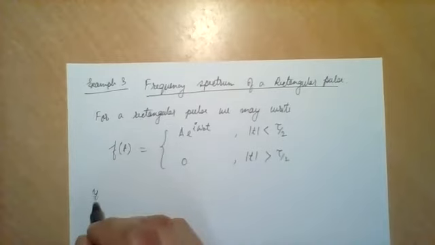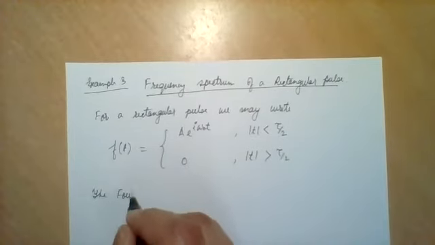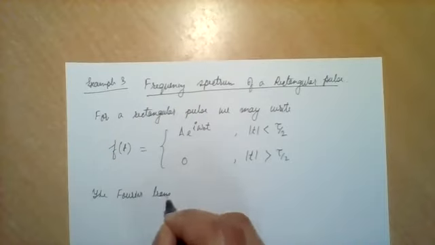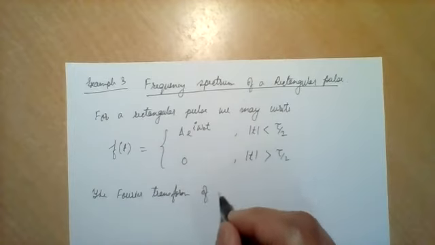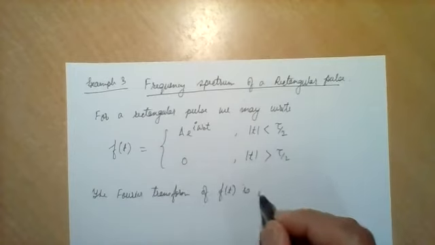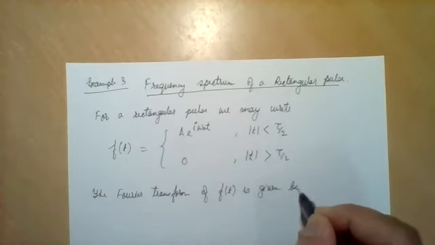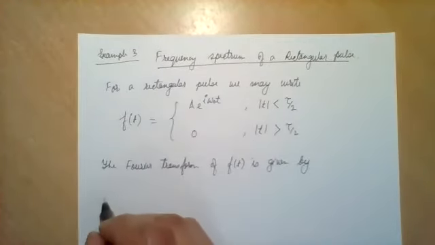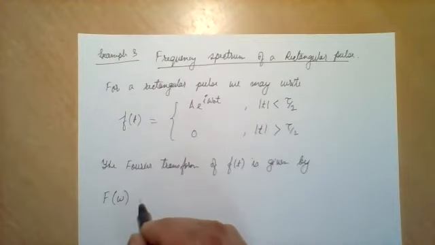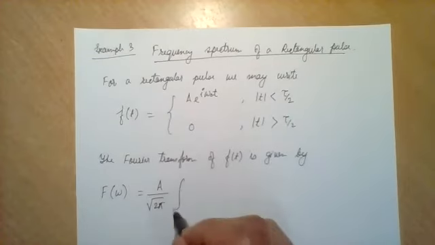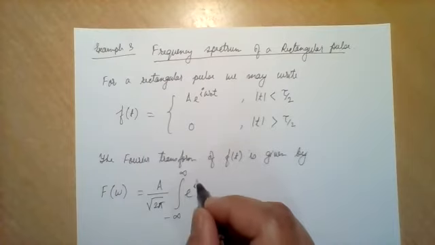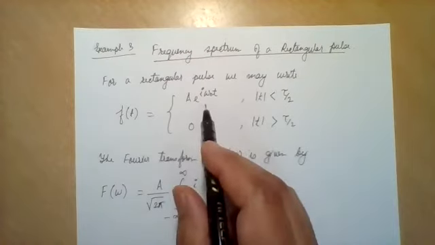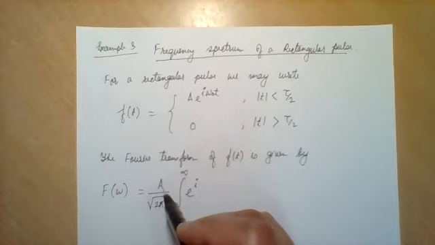So the Fourier transform of this rectangular pulse, the Fourier transform of f of t, is given by capital F of omega, equal to A by root over twice pi, integration from minus infinity to plus infinity, e to the power i omega naught t, with A taken outside since it is a constant.